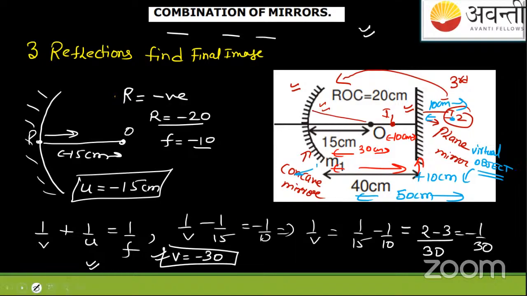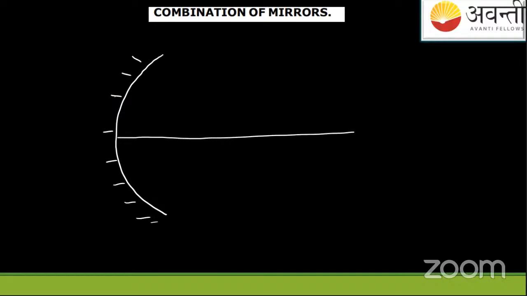Now if you solve this question, it becomes like this. Suppose you have a concave mirror, and this is the principal axis. This virtual object is at a distance of 50 centimeter.